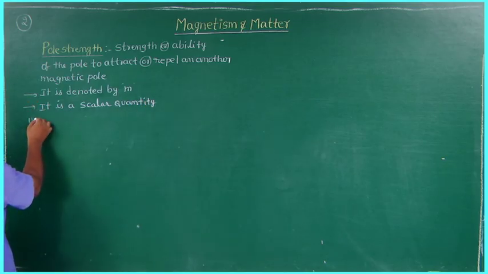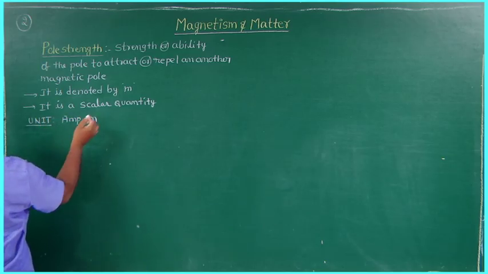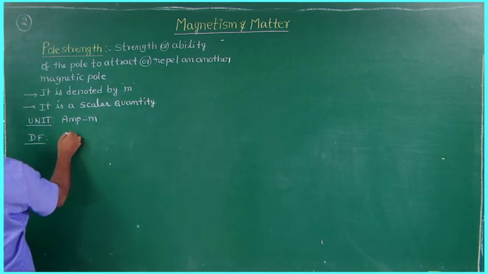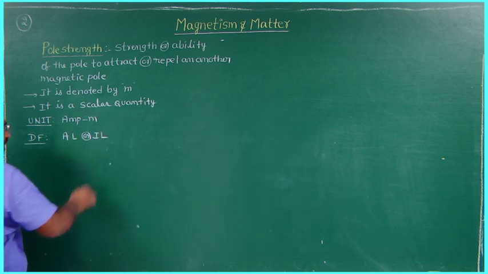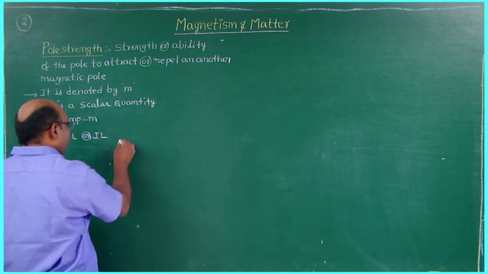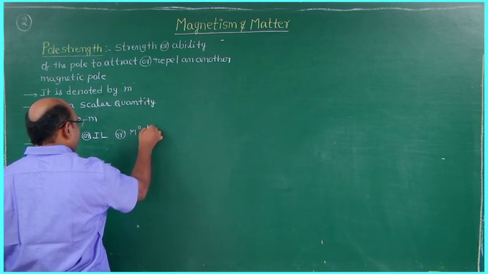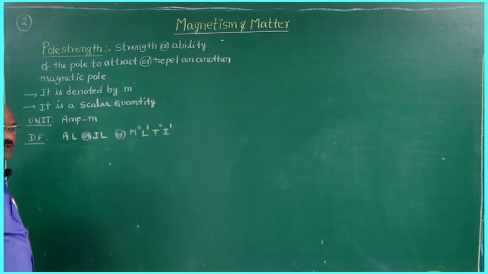Its unit is ampere meter, and its dimensional formula is only AL or IL. If you write the full form of the dimensional formula, this is M power 0, L power 1, T power 0, I power 1 or A power 1.